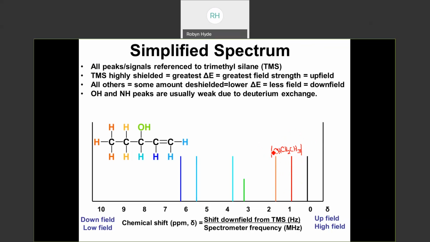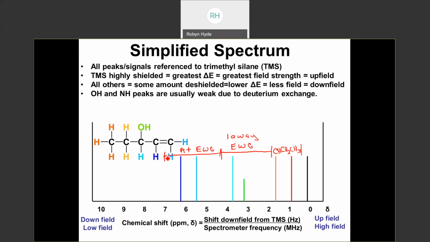How I think of the range from about 2 to 4 is I am 1 away. So that proton is 1 away from an electron withdrawing group. How I think of 4 to about 7 is I am at an electron withdrawing group.